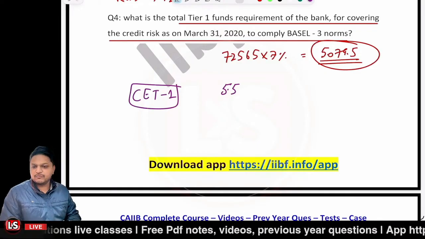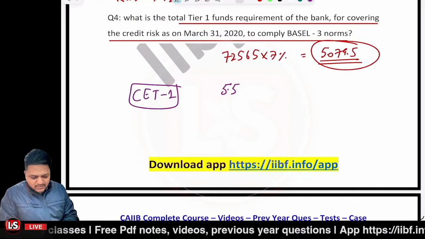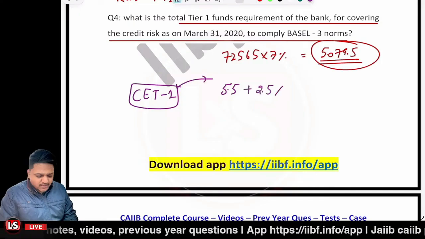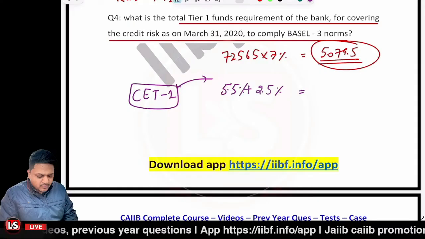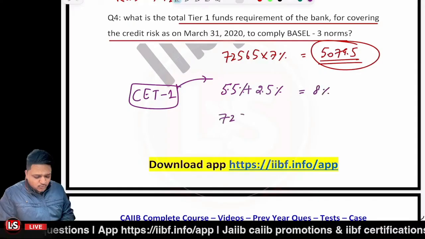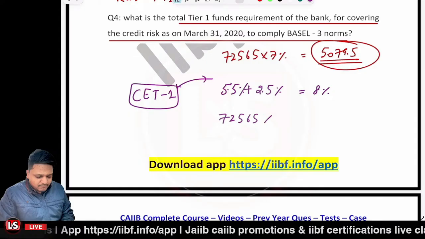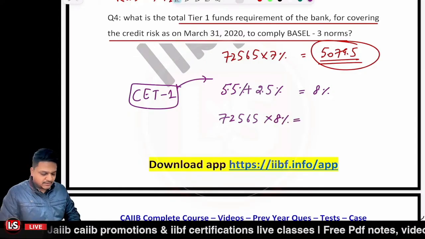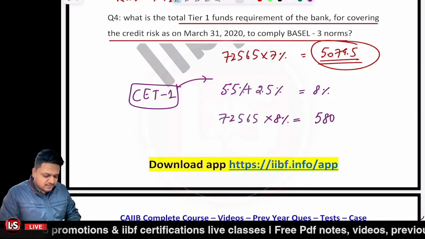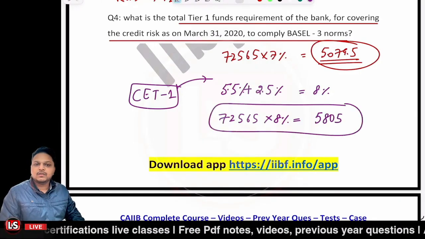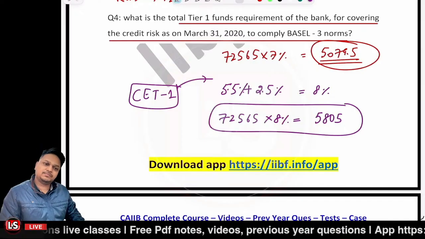Why? Because CET1 is to be maintained in the form of CCB also. So we have to add another 2.5% to it. So it will be in total 8%. And what will be the answer? 72565 multiplied by 8% is 5805 crores.